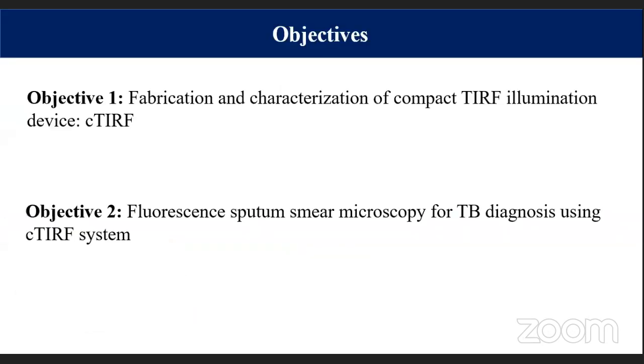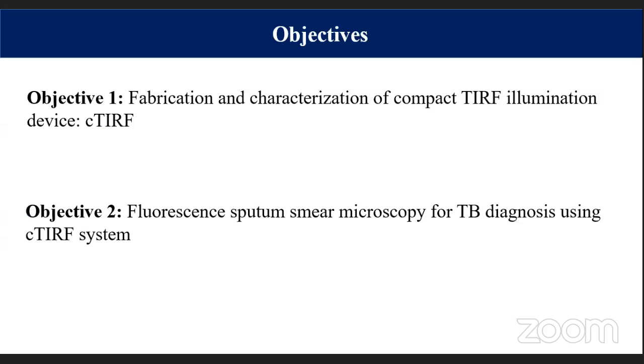So I have divided my presentation into two objectives. In the first, I will take you through the fabrication and characterization of the device which we have made. It's a compact total internal reflection fluorescence device. Sometimes I will refer to it as SeeTB.